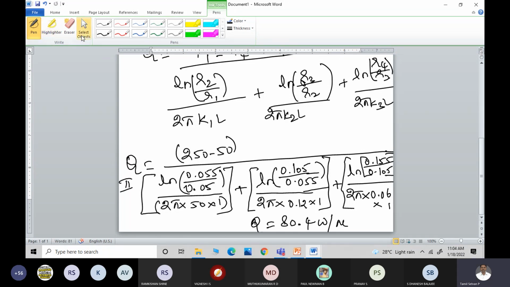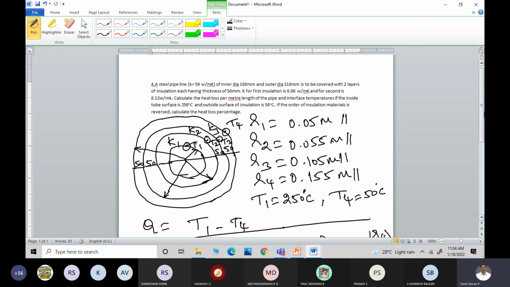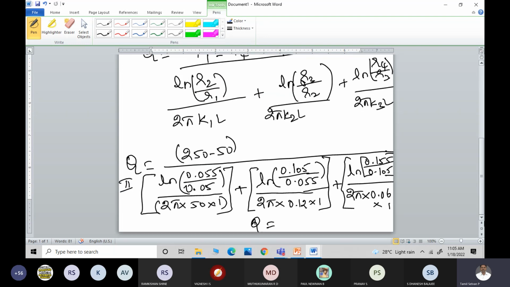What is the value in the second case? Please calculate. Are all of you able to understand the problem? Only the insulators get reversed. In the first case they use the first material with K equal to 0.06 and the second material 0.12. In the second case, they use 0.12 as the first insulation and 0.06 as the second insulation.